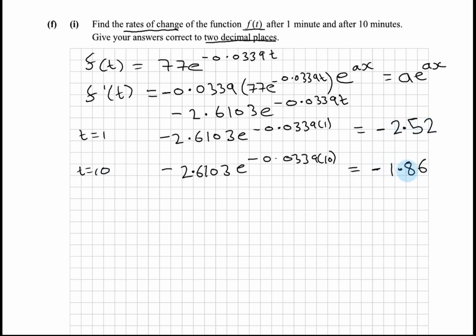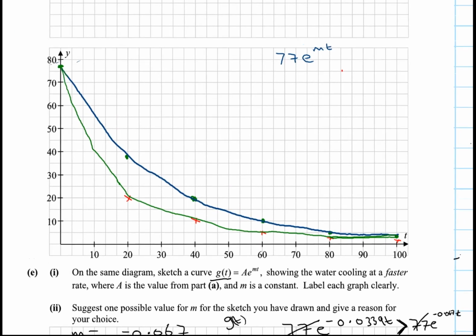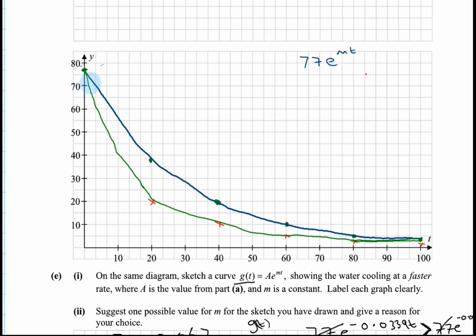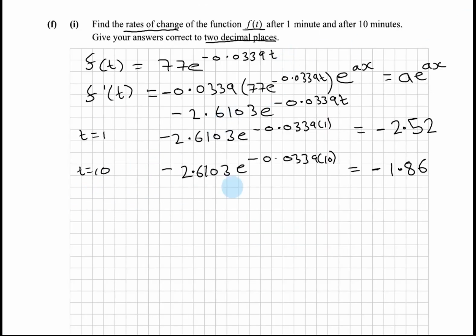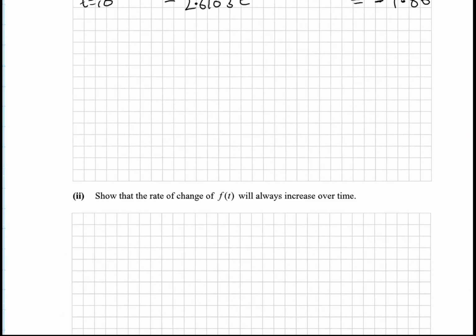This is more negative than that, so basically, as we know from our graph on the last page, the drop from, let's say, 1 minute to 10 minutes is a lot steeper than, let's say, 10 minutes to 20 minutes. And if you looked at the graph at t is 90, it would be really, really small again, so like minus 0 point something. So that's just all it's showing us, the rate at which we change.